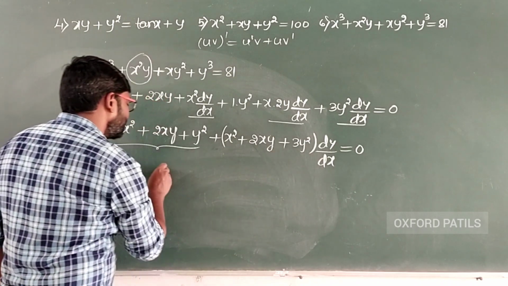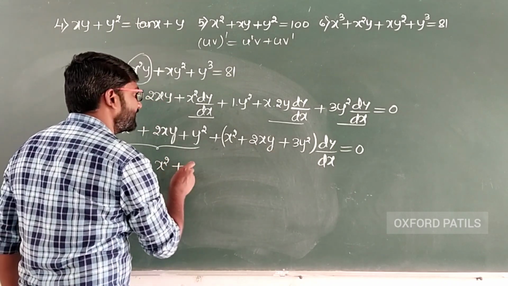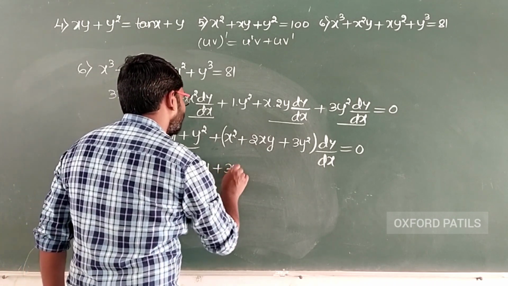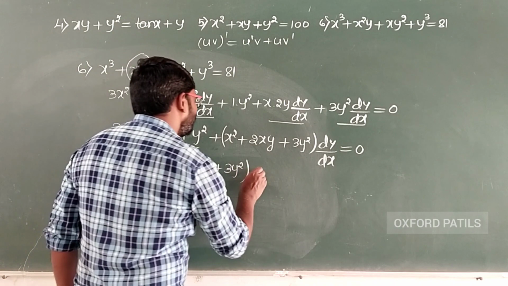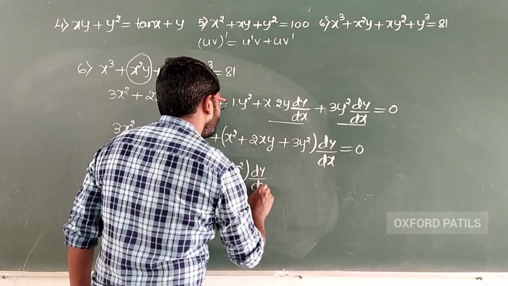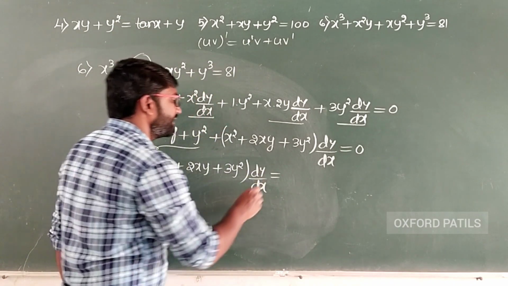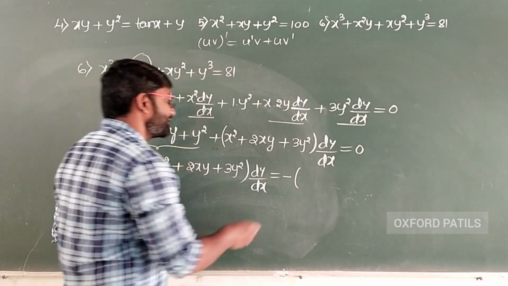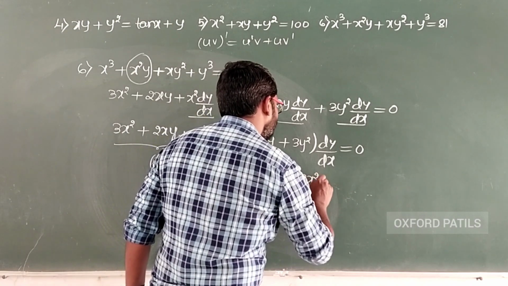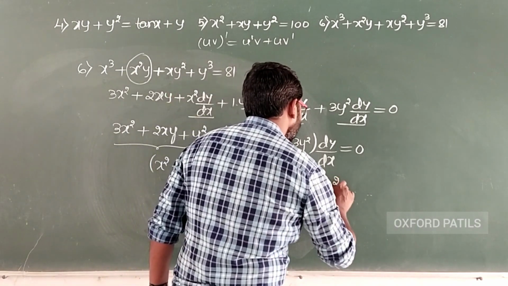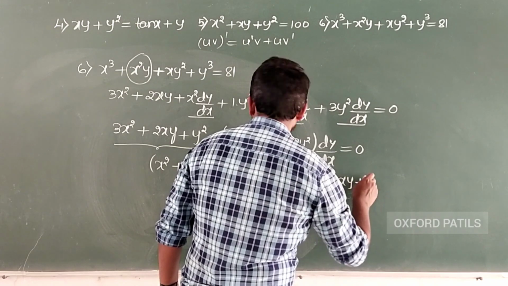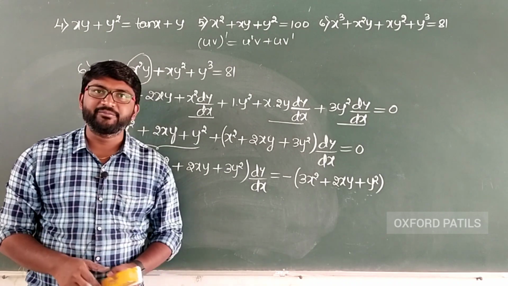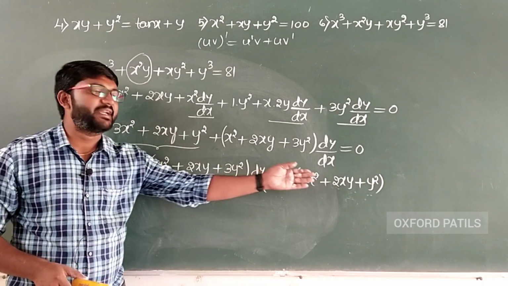So write this as it is: x square plus 2xy plus 3y square into dy by dx is equal to, now minus outside, inside the bracket we have to write these three terms now: 3x square plus 2xy plus y square.